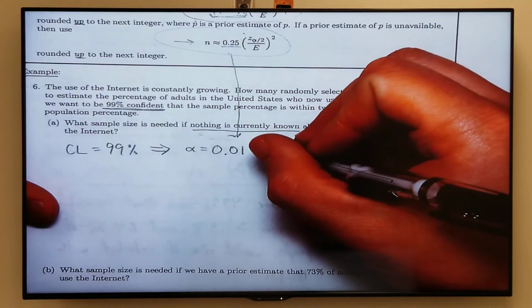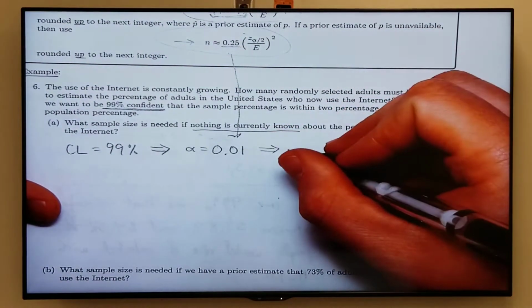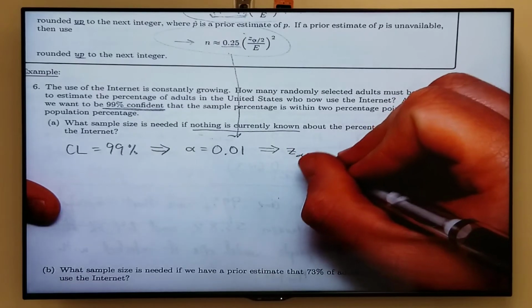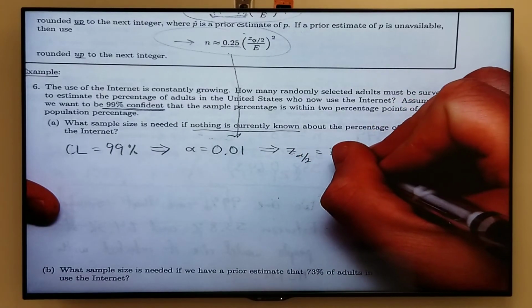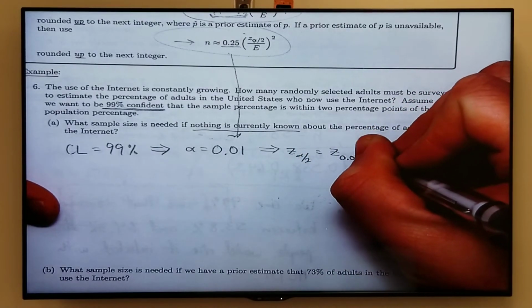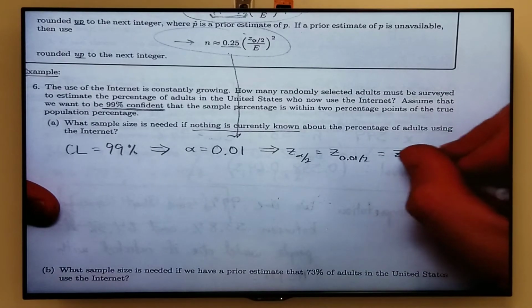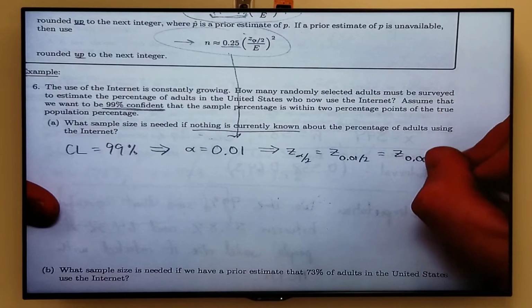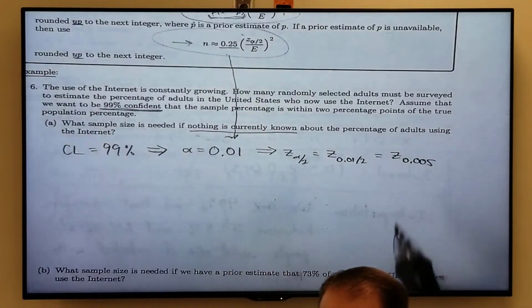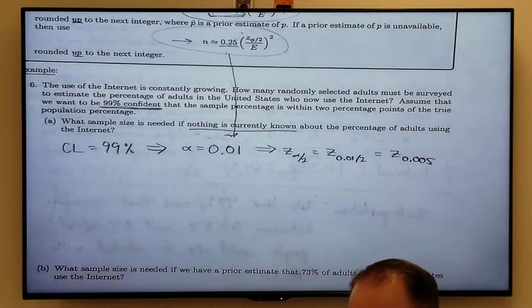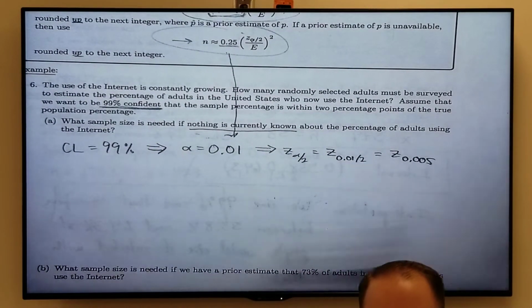If alpha is 0.01, then z sub alpha over 2 would be z sub 0.01 divided by 2. That would be z sub 0.005. And now remember, we go to StatCrunch to get that value. We use the normal calculator in StatCrunch to get that value. So let's go to StatCrunch and figure out what we get for z sub 0.005.